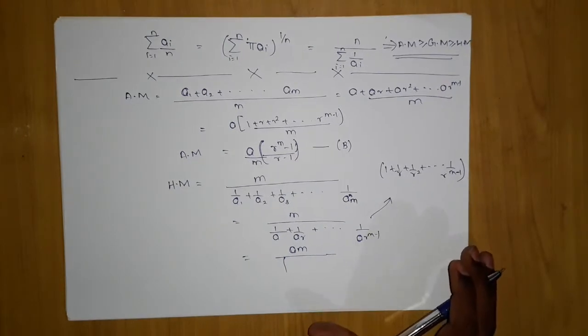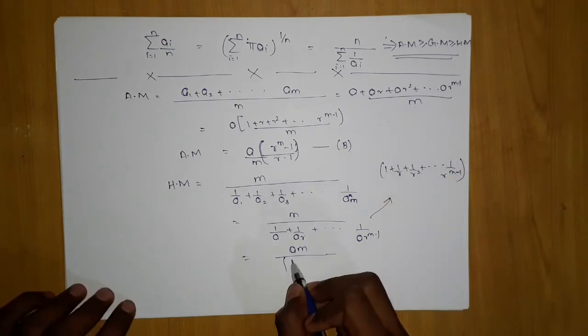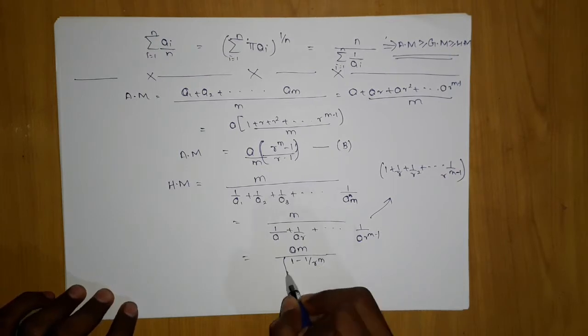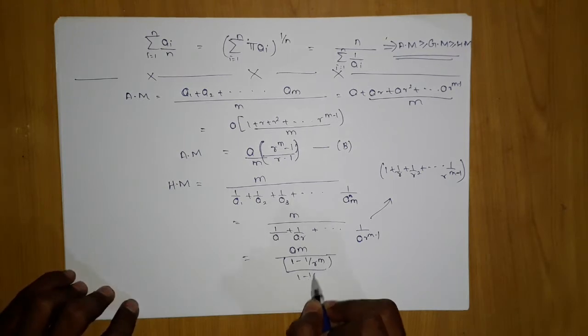If this is a GP, we can write its sum very easily. Since the ratio is 1 by r, we write 1 minus 1 by r power m, since there are m terms, upon 1 minus 1 by r.